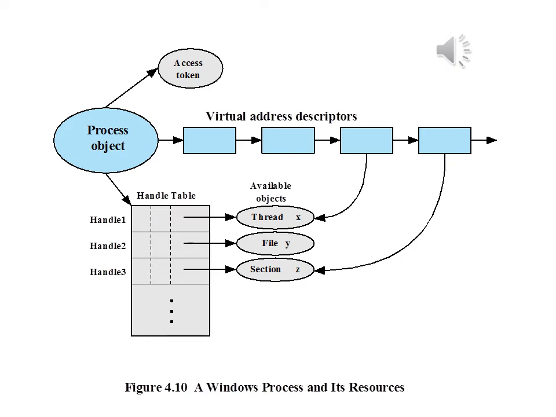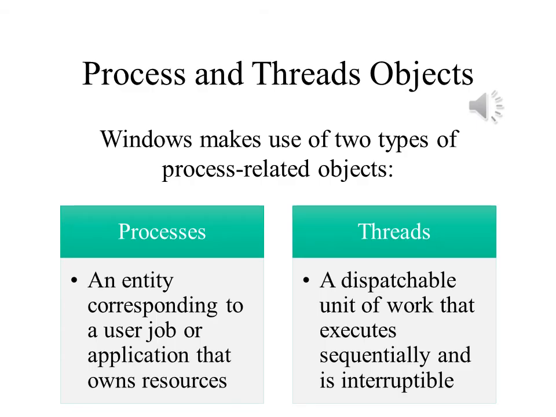In addition, the process has access to a file object and to a section object that defines a section of shared memory. The object-oriented structure of Windows facilitates the development of a general-purpose process facility. Windows makes use of two types of process-related objects: processes and threads.